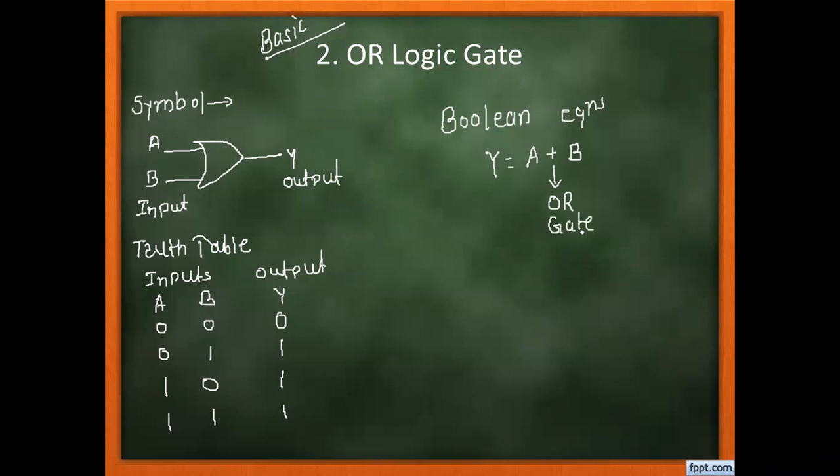Get it, my friend? So this is about the second logic gate, we call it the OR gate. You can remember, if one of the inputs is 1, then definitely the output is 1. So please take a screenshot of it.